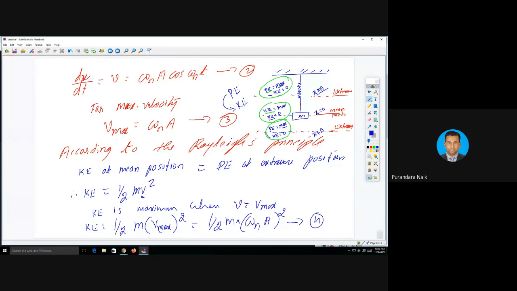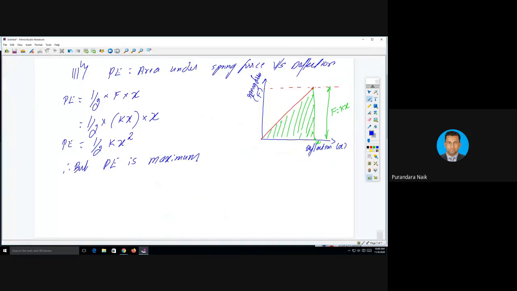X is equal to A. When X becomes A, then automatically potential energy will be maximum. It is the extreme position. X is equal to A.